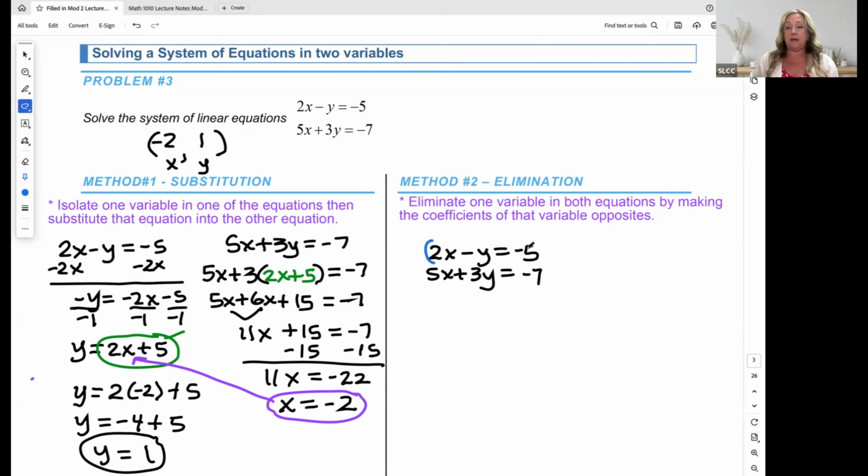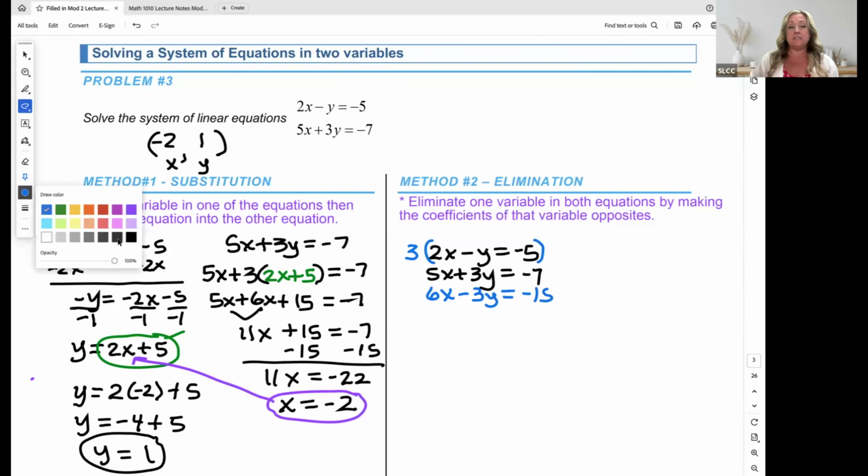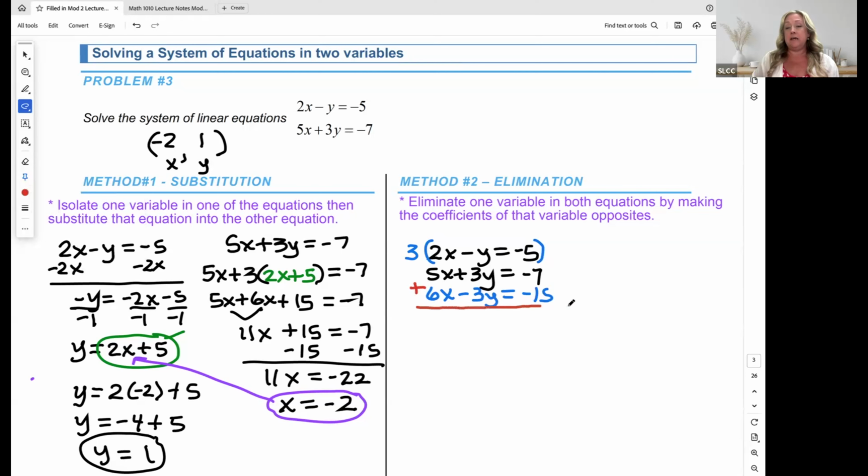Go ahead and multiply that top equation by 3, and then I'm going to write it underneath here. That's going to give me 6x minus 3y equals negative 15. The elimination method is sometimes called the addition method because when we add these together, we want one of the variables to eliminate.